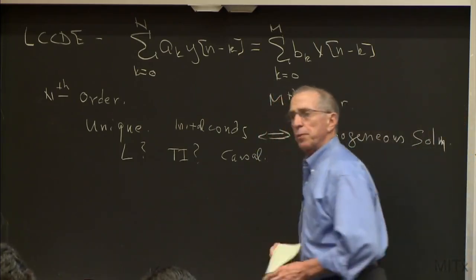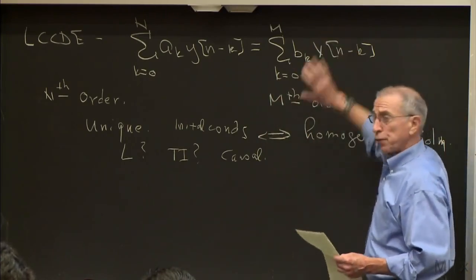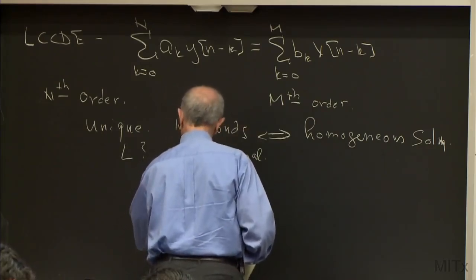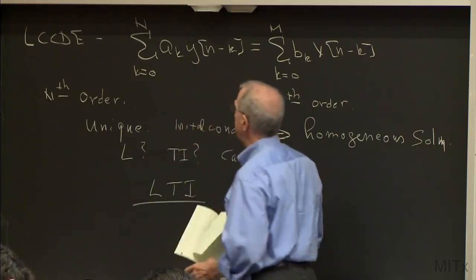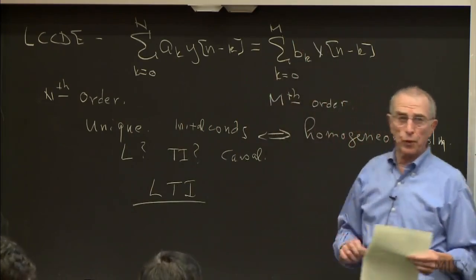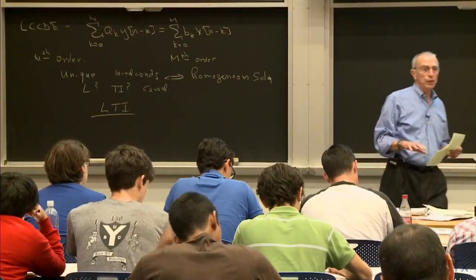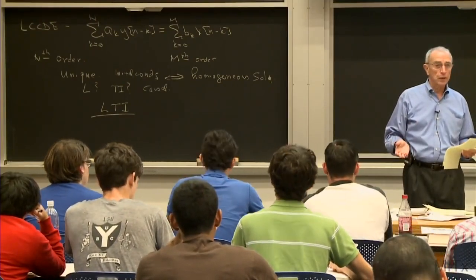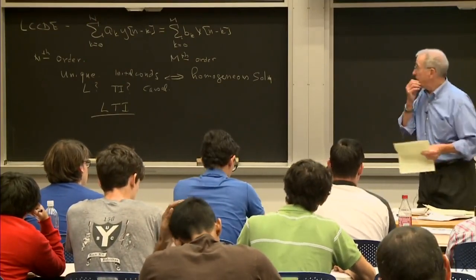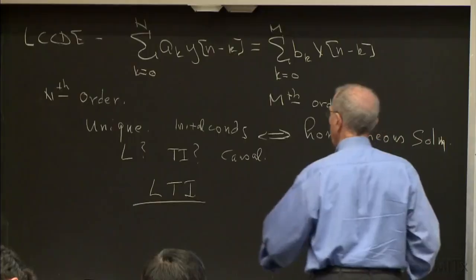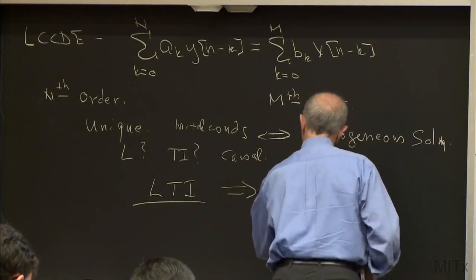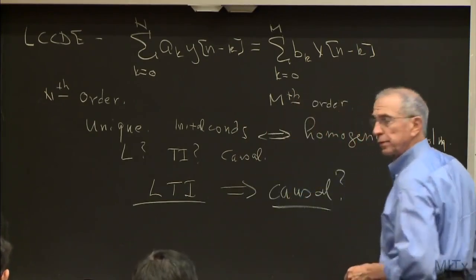Furthermore, suppose I said, here's the difference equation, and I'm telling you that in addition to specifying the difference equation, I'm also telling you that the system is linear and time invariant. Can I now conclude that the system is causal?